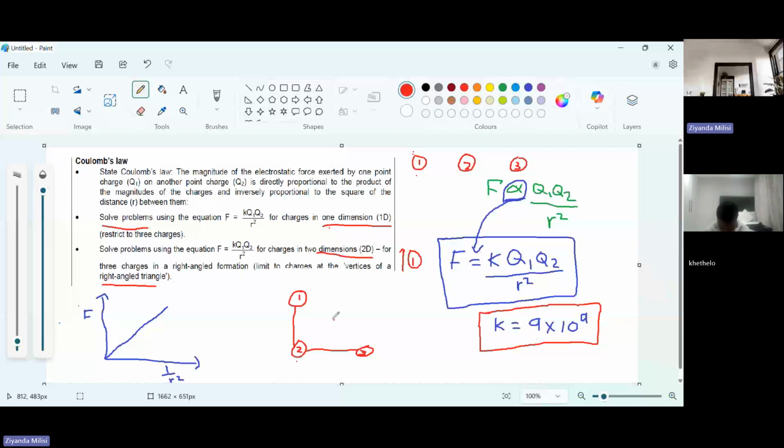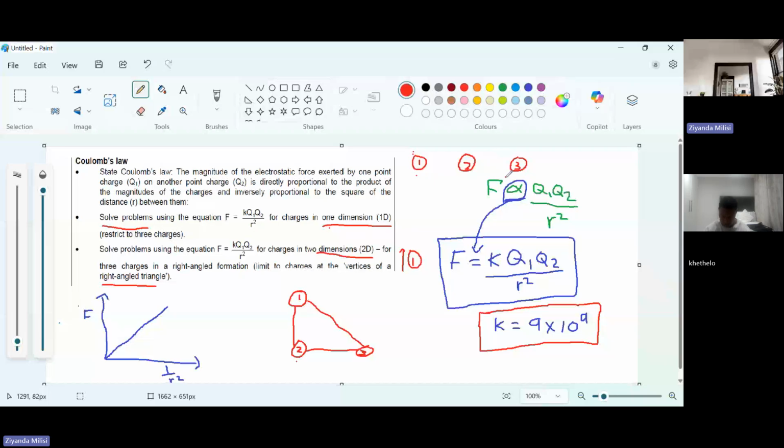All right, so this is 2 dimensions now. You are going to be using this formula to calculate the force between charges. You can calculate between 2 charges only, or you can also calculate if there are three charges, whether they are one-dimensional or two-dimensional. I just want to quickly show you how to calculate.